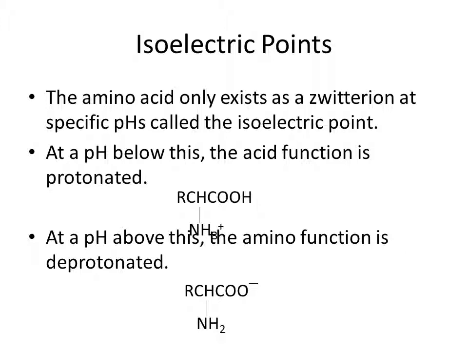If you are at a pH above this isoelectric point, then you're in basic conditions for that amino acid, and the proton is pulled off the amino group, and the amino group is uncharged then.